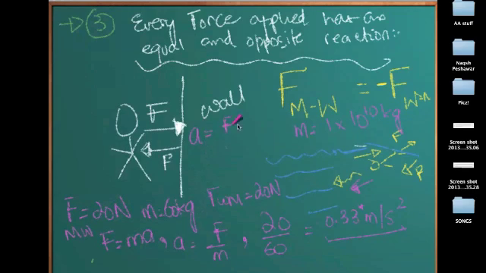The acceleration is given by force divided by mass, again 20 divided by 1 times 10 to the power 10. If you calculate this, you will get an acceleration of 2 times 10 to the minus 9 meters per second squared.